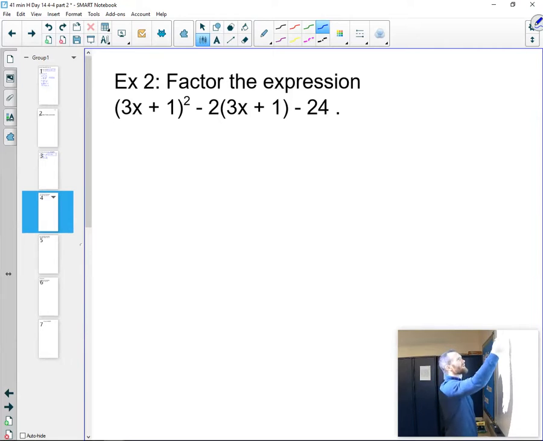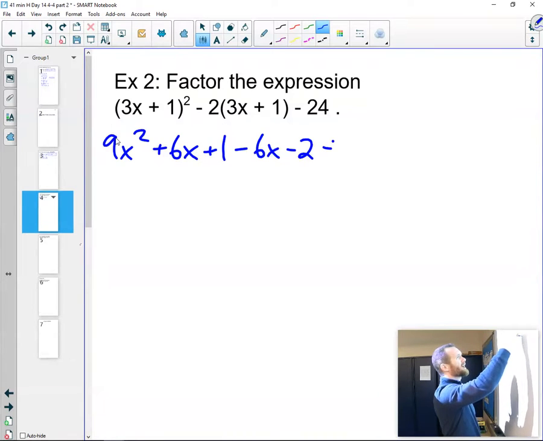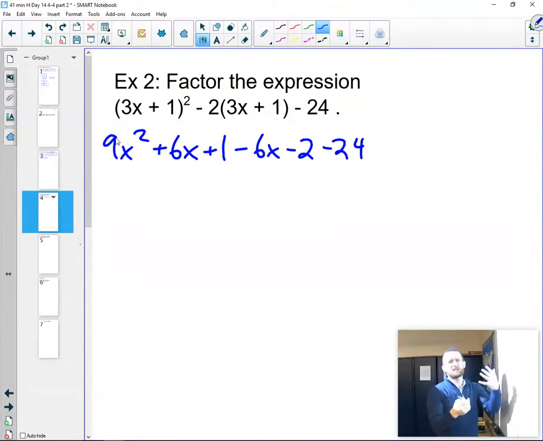So, okay, let's do the 3x plus 1 squared. So if we know the shortcut, that would just be 9x squared. Let's see, then 3x times 1 is 1, so plus 6x, and we double it, plus 1. Then minus, distribute the 2, or the negative 2, so that'd be negative 6x, minus 2, minus 24, and then simplify all that, and then try and factor it.